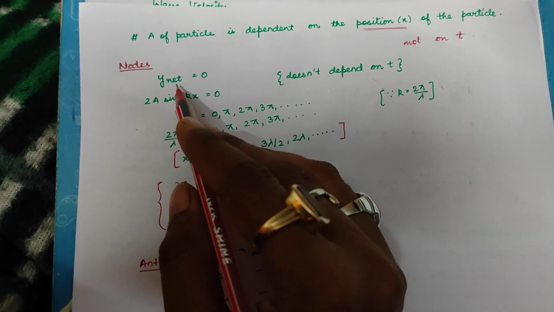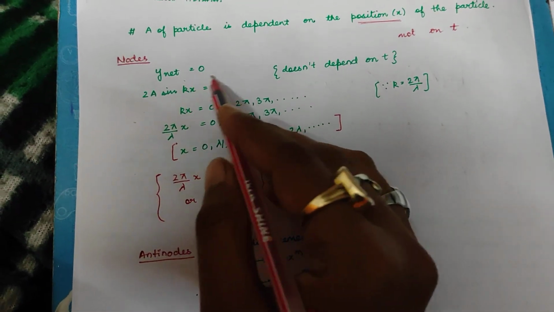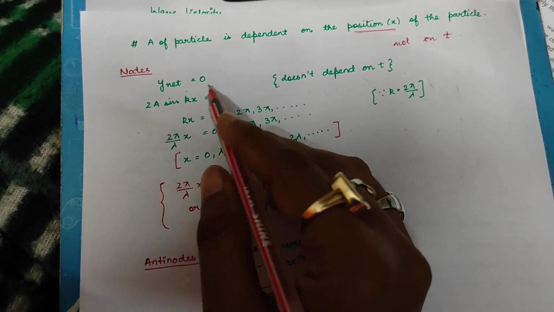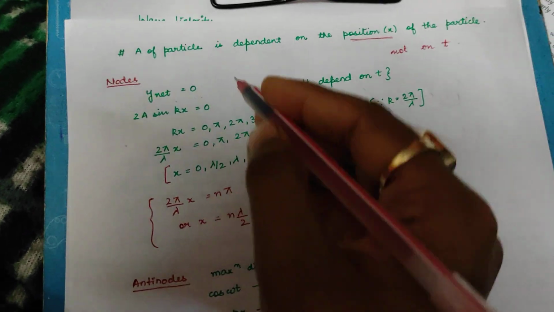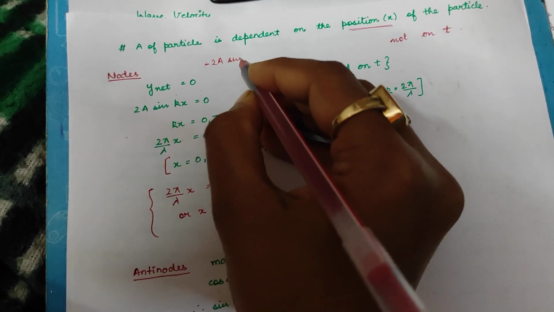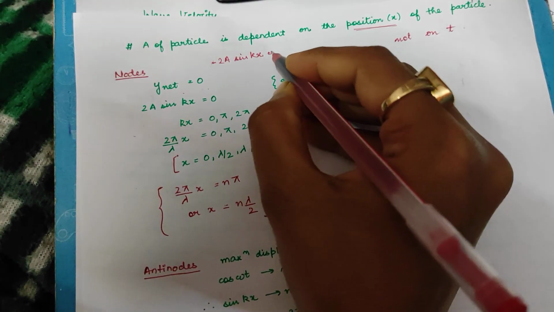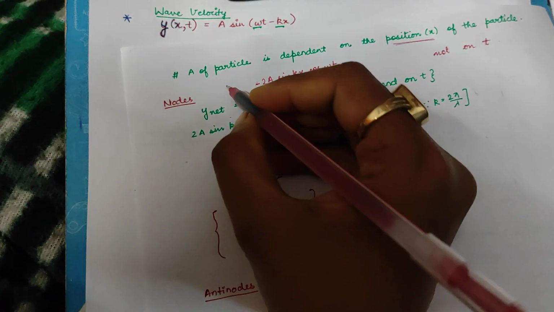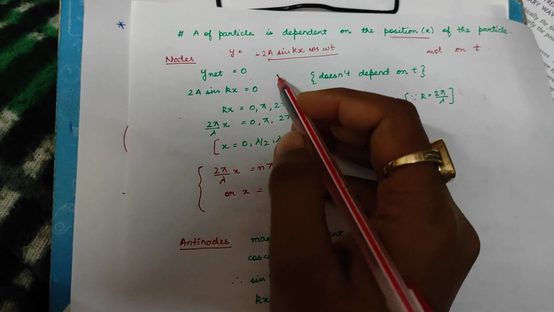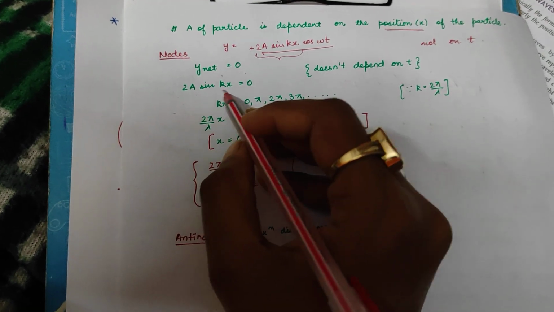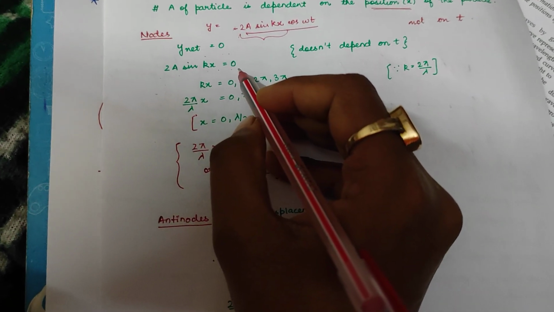So using this, if we find nodes, then if you remember, the displacement in the case of nodes was always 0, so y net will be 0. Therefore, using the equation −2A sin kx cos ωt, which is the equation for the stationary wave, and knowing that 2A sin kx represents the amplitude, we set 2A sin kx equal to 0.